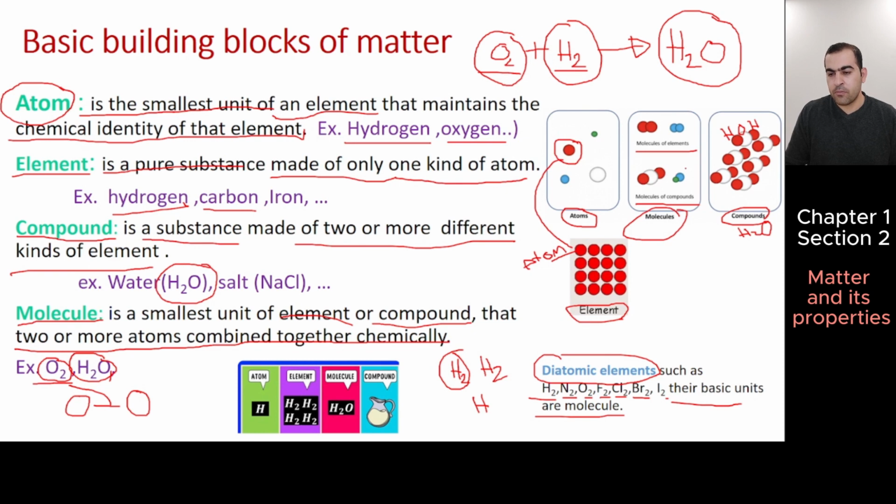These are molecules of compounds, and they are made of different atoms. Look, different colors: white, red, green, blue. But molecules of elements are made of the same kind of atoms. That's why it's going to be an element. So this is the basic building blocks of matter.